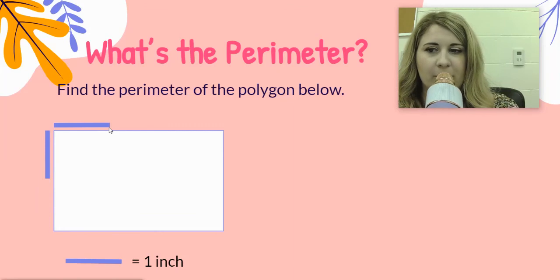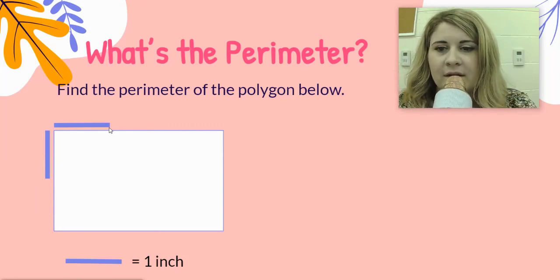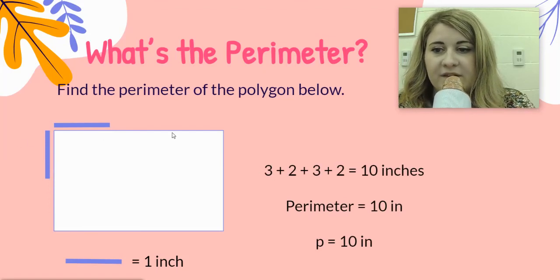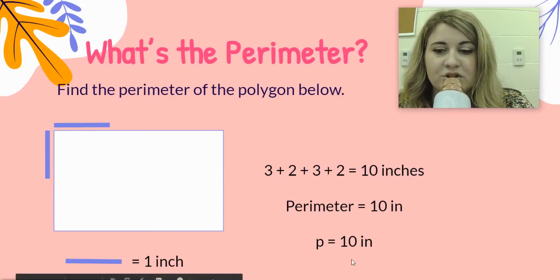How many of those little purple marks could we fit up there? We could fit 3. And on the sides, we could fit 1, 2. So we're going to do 3 for the top, plus 2 for the side, plus 3 for the bottom, plus 2 for the other side, which is going to equal 10. Okay, that's going to give us 10 inches. Our perimeter is 10 in, or the shortest way to write it is P equals 10 inches.